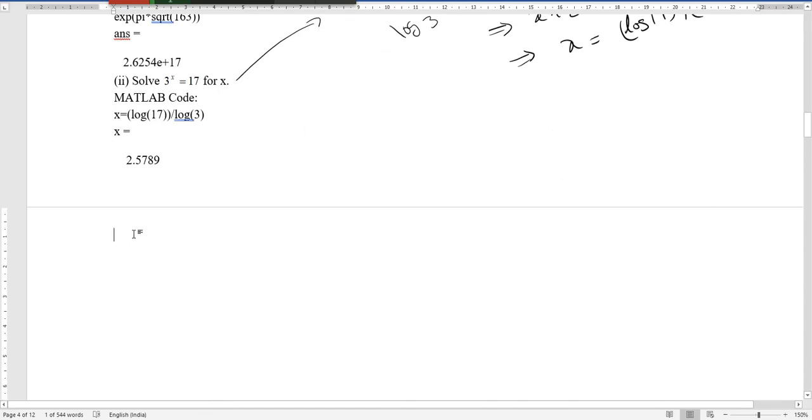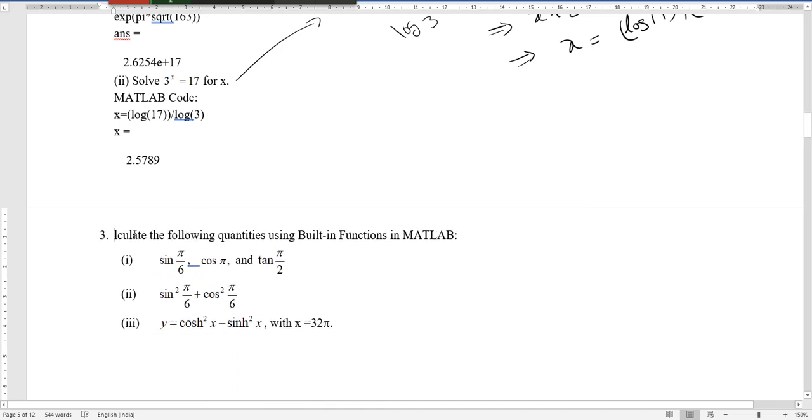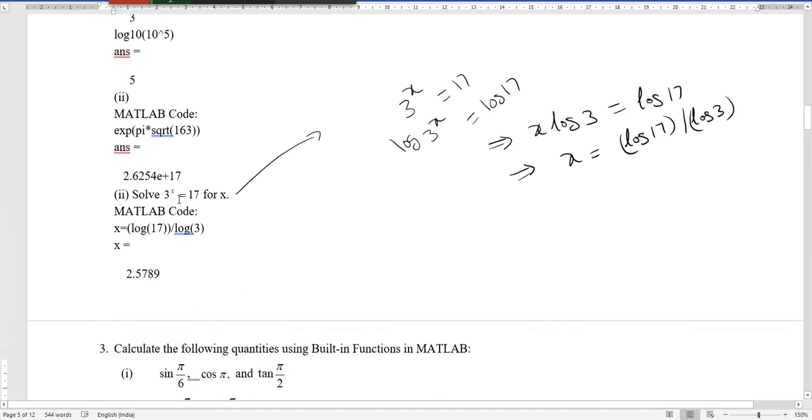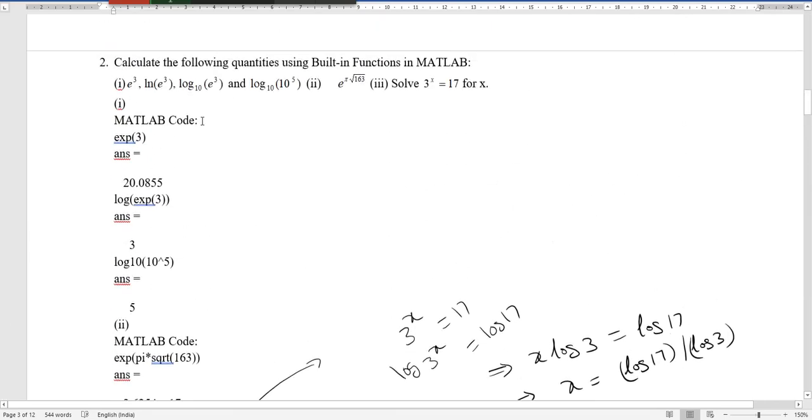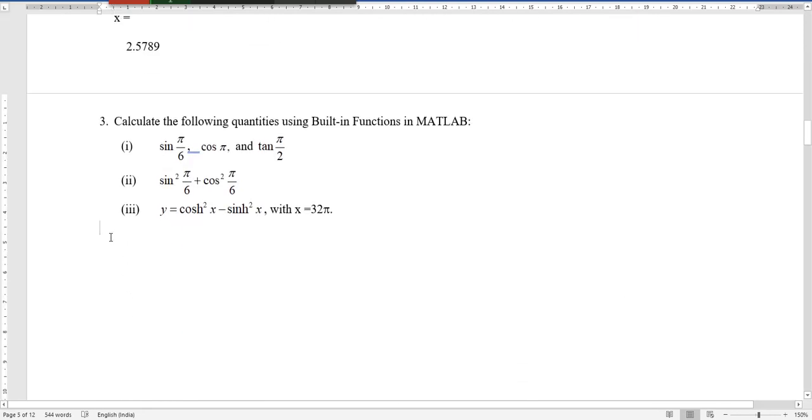Now coming to the third. Now coming to the Matlab code, first question.